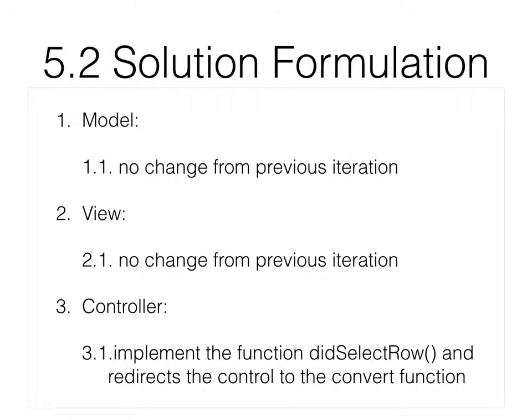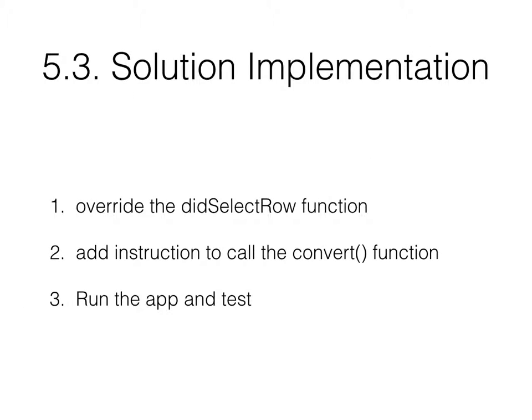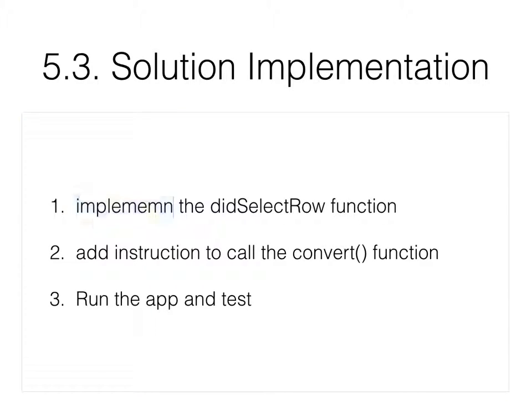This is similar to what we did in project one with the browse button. So in the solution implementation, very straightforward: not override, implement the didSelectRow function, and add an instruction to call the convert function. That's it. So let's go ahead and do that.